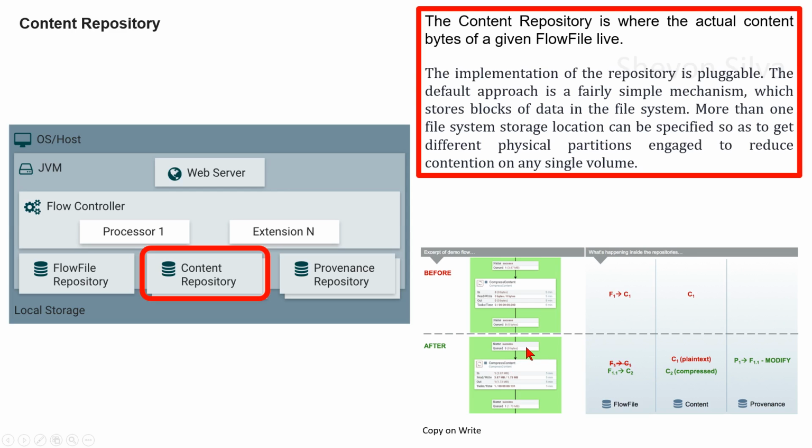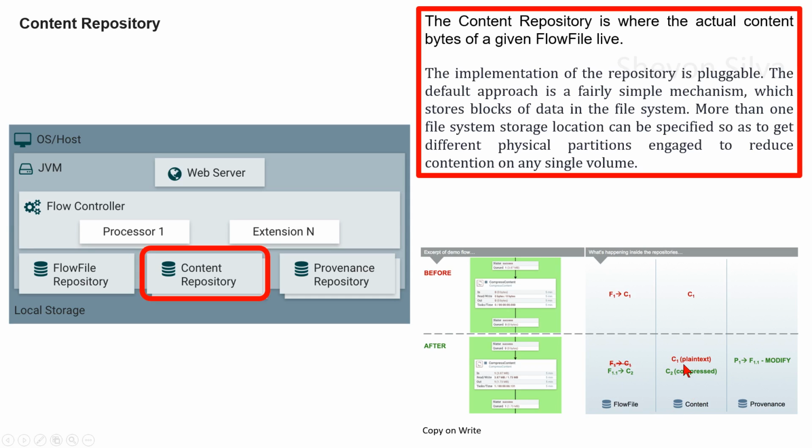In after, success is connected to compress content, and in the flow file repository you can see F1 is pointing to C1, and now the new F1.1 is pointing to C2.